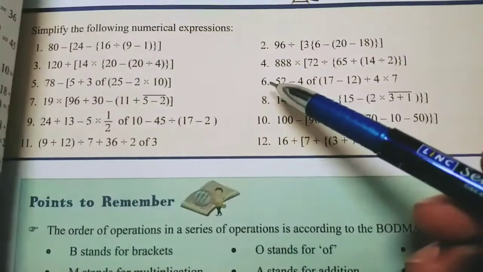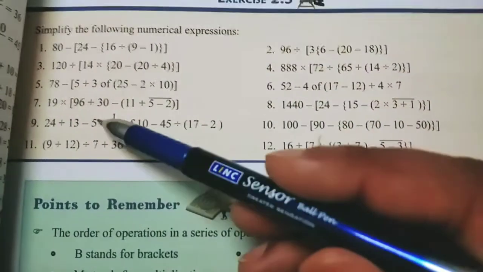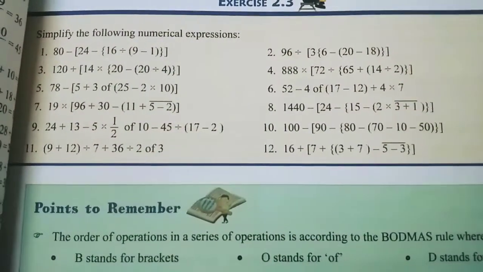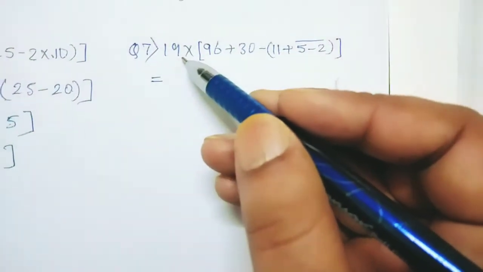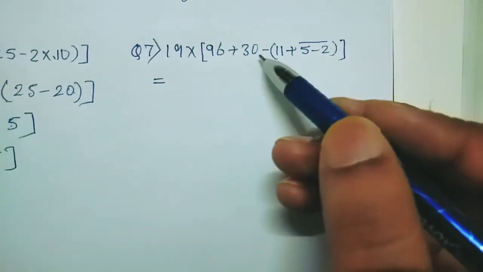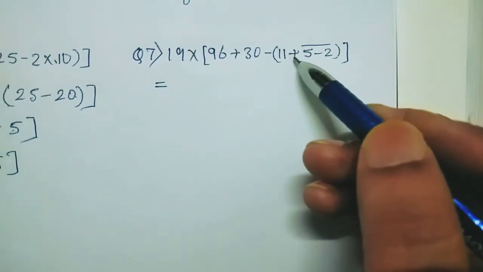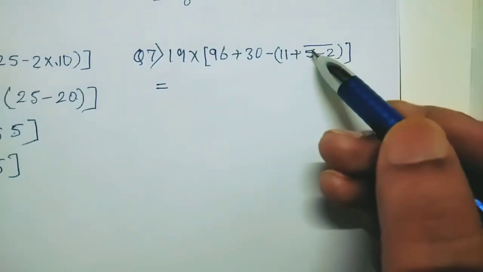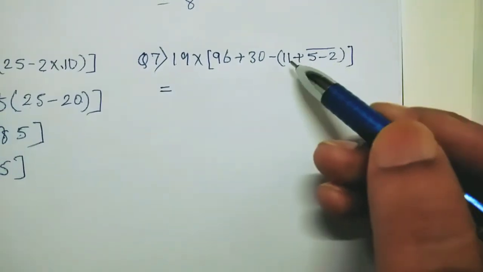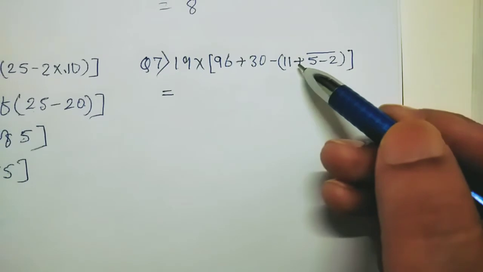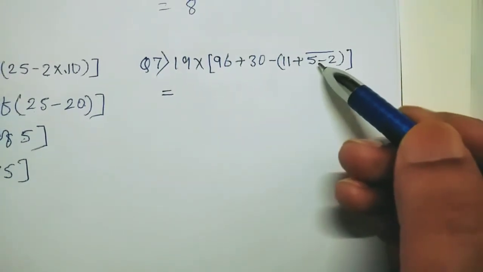Now question number 6. Question number 6 is your homework. So I will do question number 7. Okay students, see question number 7. Here 19 into 96 plus 30 minus 11 plus 5 minus 2, with a bar on top of 5 minus 2. So first of all, you have to solve this small bracket. Inside this small bracket there are two operations, plus and minus.